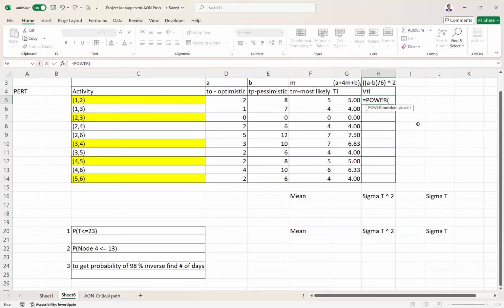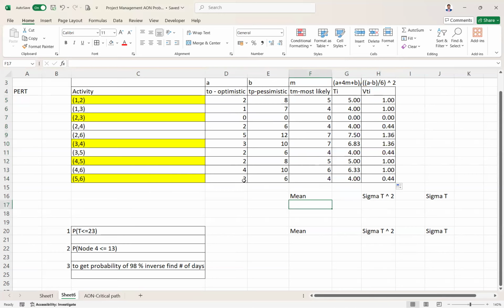The number is A minus B by 6. So A is this minus B. This part is closed, divided by 6. Now the power is 2, to the power 2. Check if we have closed the entire braces. We have opened 3 braces. We have closed 3 braces. So that is your variance. Then you simply drag it.